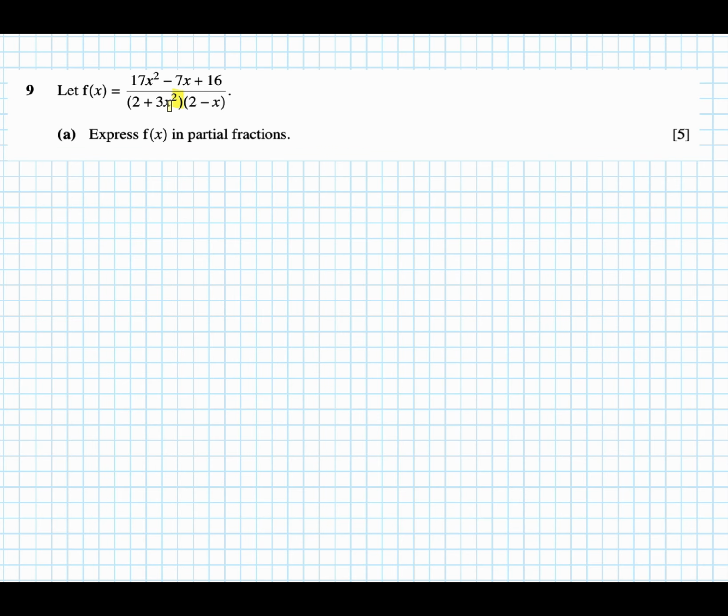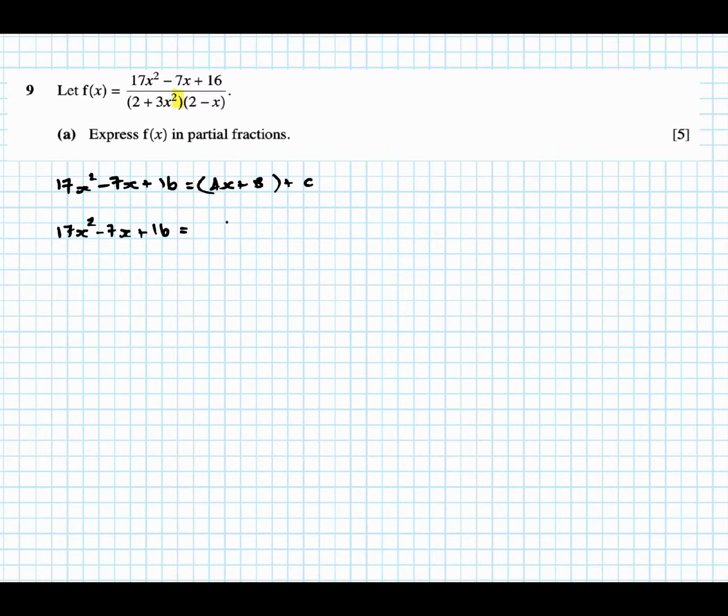Oh, a nice one here. We have partial fractions, and we have the square inside the bracket, so be careful, it's one of 4 types of question you could get. Our numerator is equal to A(2 plus 3x squared) plus (Bx plus C)(2 minus x). It could change.